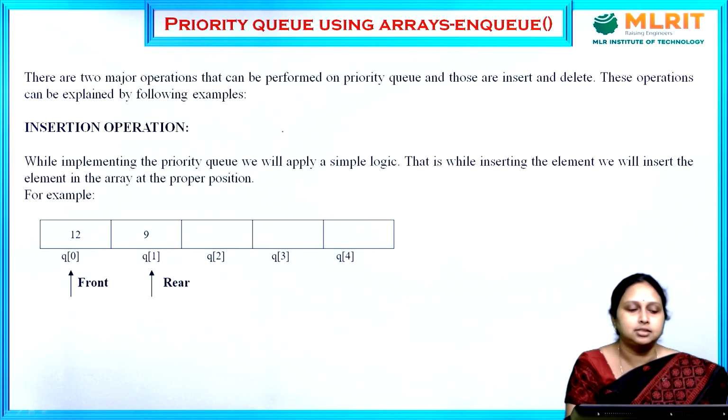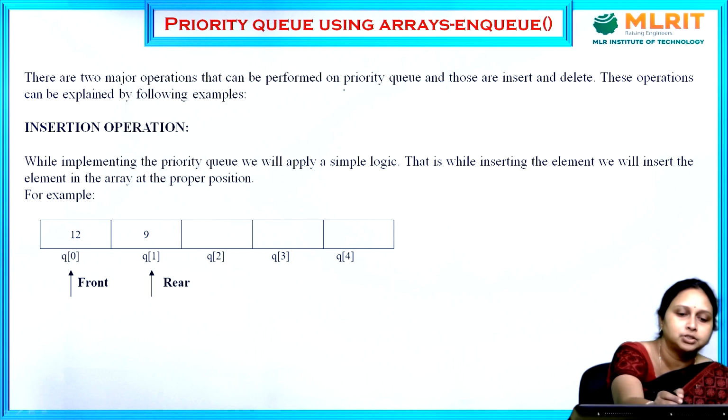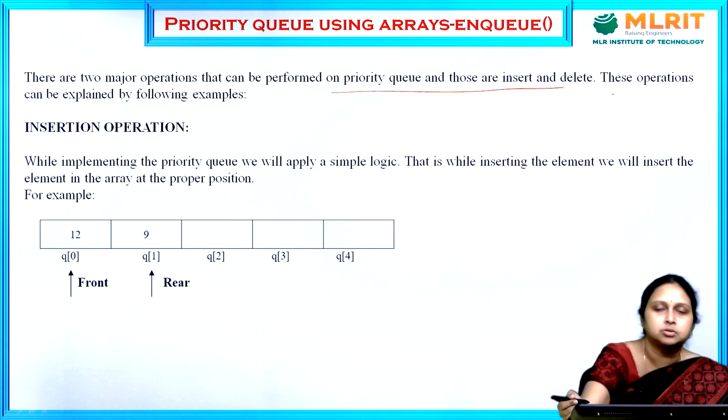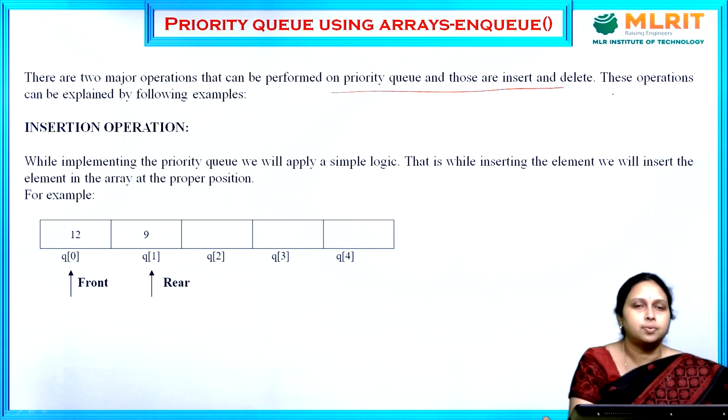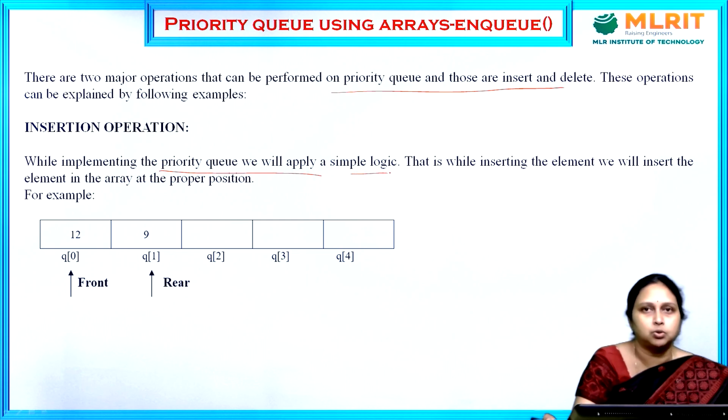And let us see how we are going to perform the NQ operation in priority queues. We have discussed that there are two major operations that can be performed on priority queues, that is insert and delete. These operations are performed using the NQ operation. While implementing the priority queue, we will apply a simple logic. What is that logic?